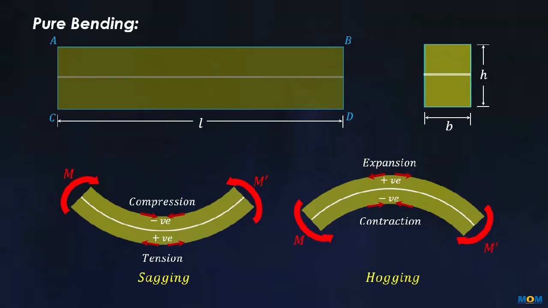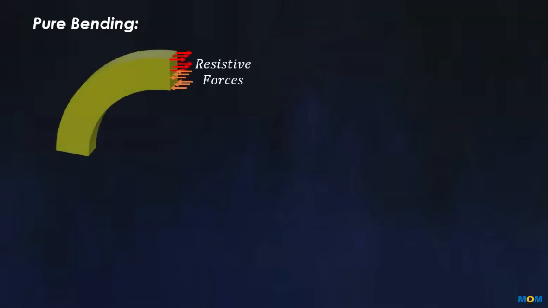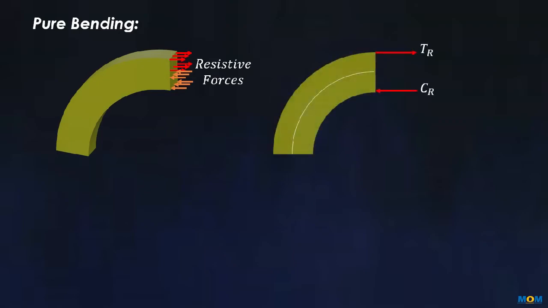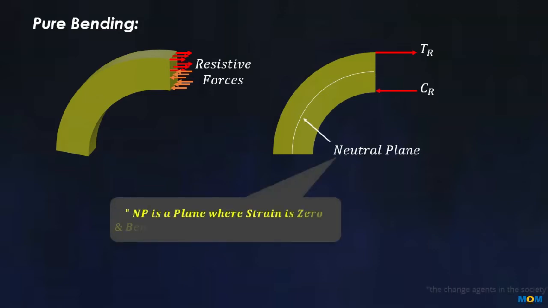Due to the development of tension and compression, resistive forces are produced which cause stresses in the beam. These stresses are indirect stresses known as the bending stresses. The stresses act normal to the cross section of the beam. At the neutral plane, the value of bending stress is 0. So the neutral plane is a plane where the magnitude of the strains and the bending stress is 0.